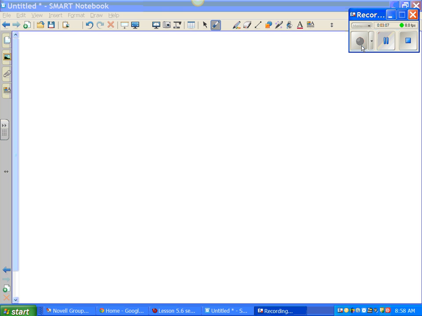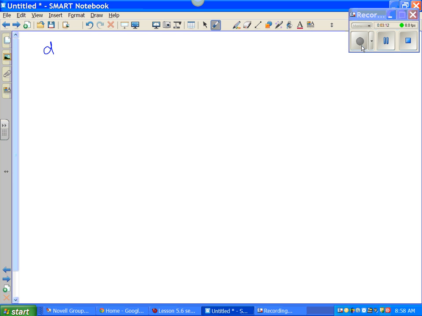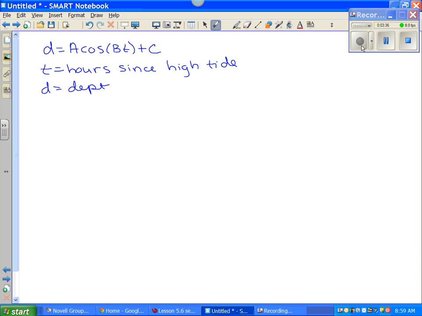Okay, so who wants to tell me what they wrote down? The equation, which is? Great. And then what? T is hours since high tide. Maximum depth is what?